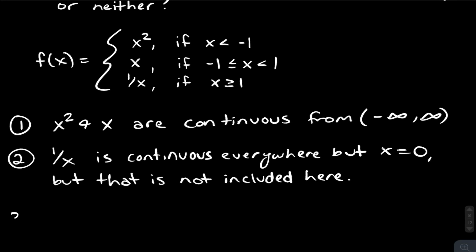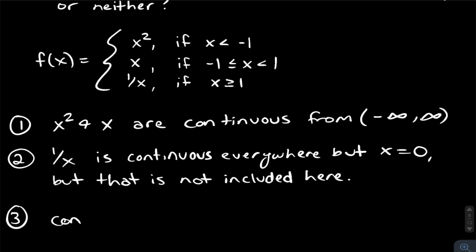Now third, we need to check our first jump point, the first point where we switch from one function to the next, to make sure there's again no jump discontinuity. That's going to happen between x squared and x, and that's at x equals negative 1.